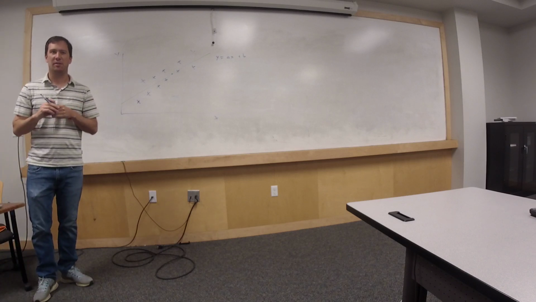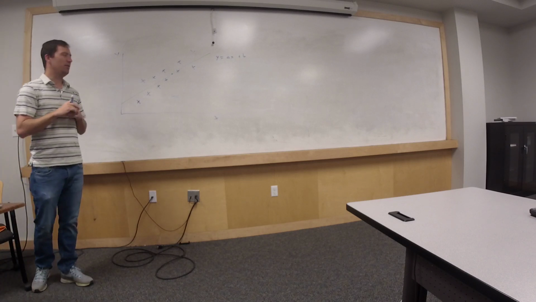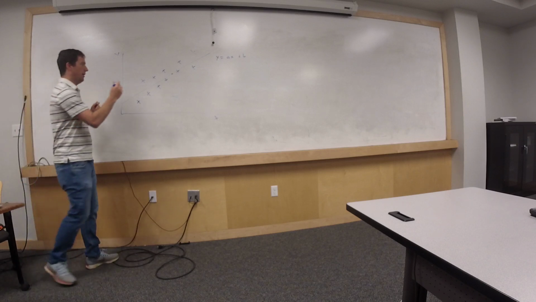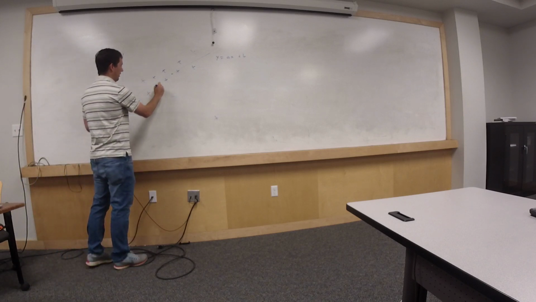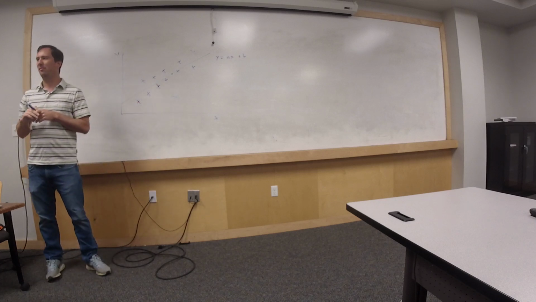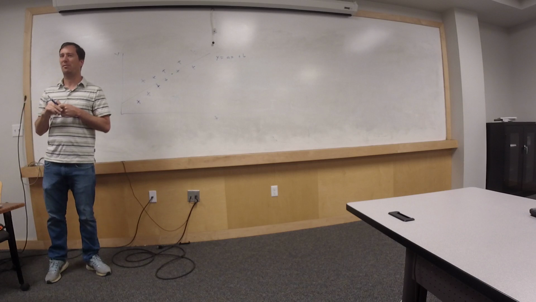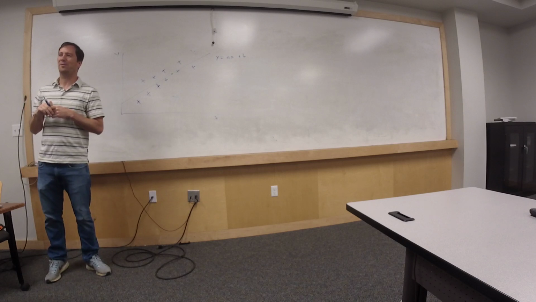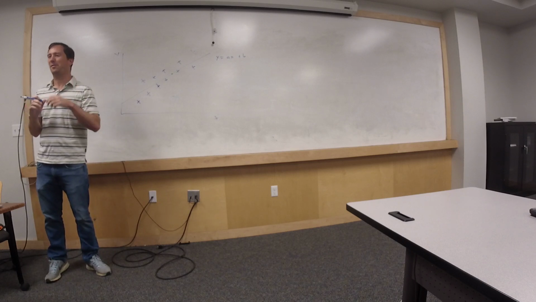Compared to our values. Yeah, so there's a few different ways we could do that. One thing I could do is measure the absolute distance to the line. It's maybe a little bit more complicated than we would like.